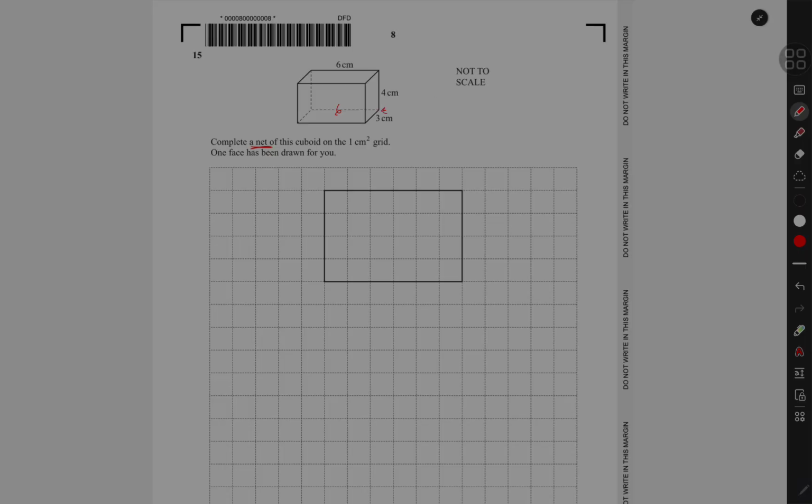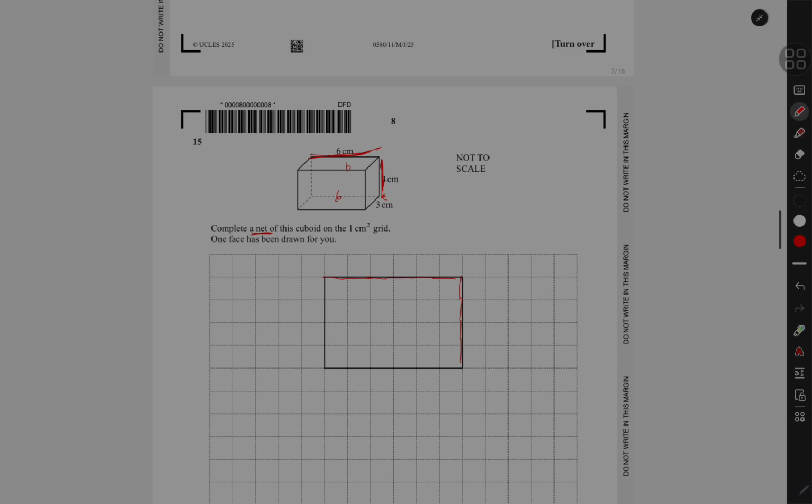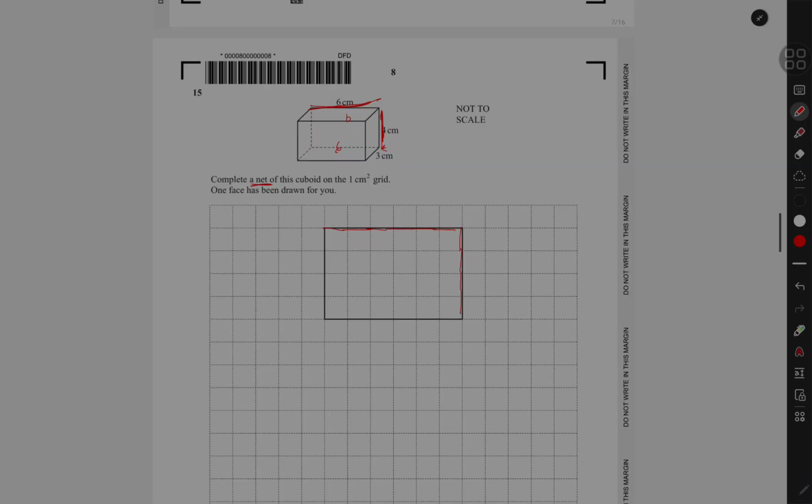The face they've drawn here is 1, 2, 3, 4, 5, 6 times 1, 2, 3, 4. So this one is 6 times 4. So they have drawn the back side. Now we can just go around this cuboid, filling up the space.